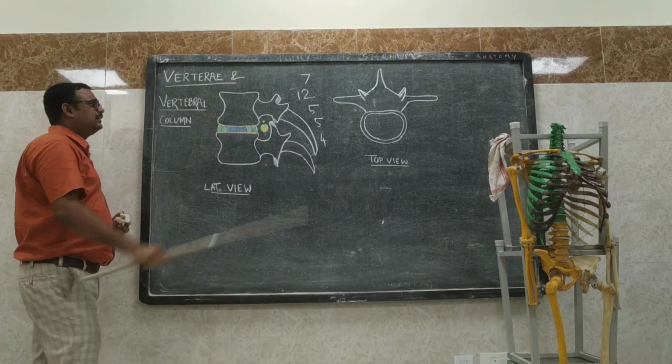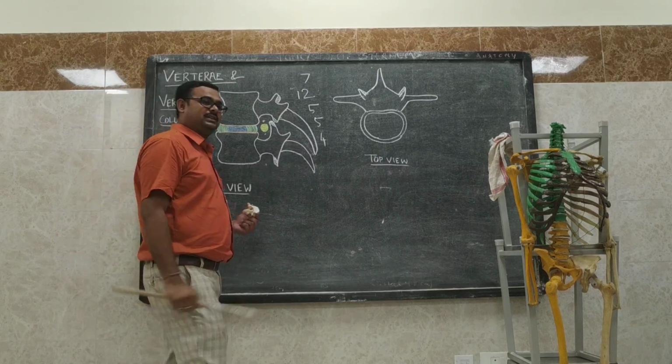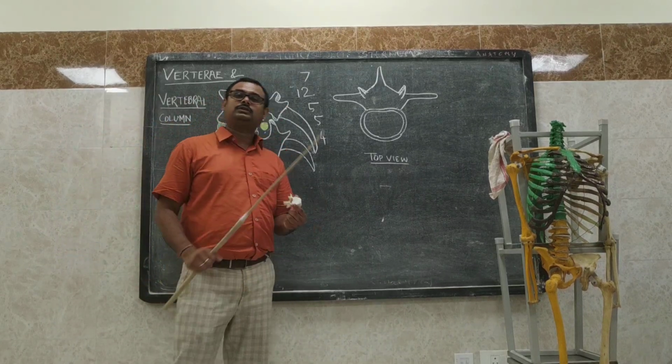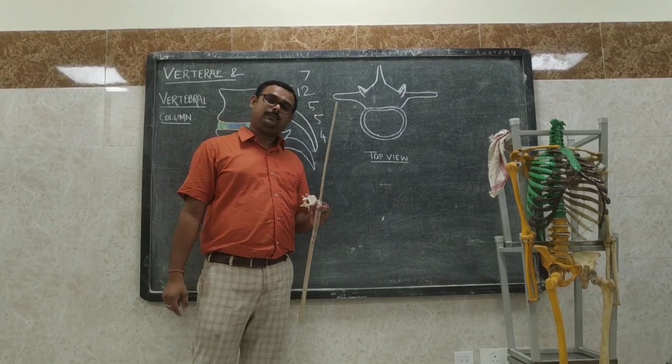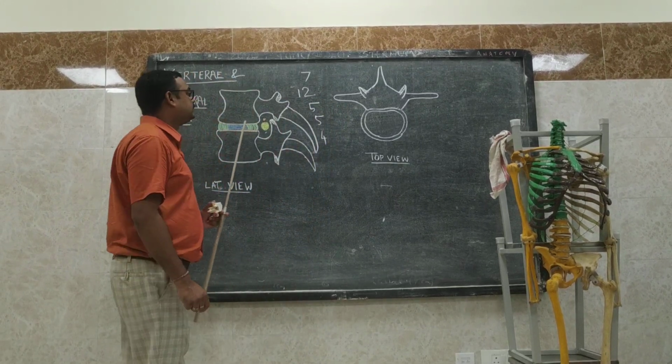So these are the numbers of vertebrae present in our body. Sometimes the coccygeal vertebrae are 3 to 5 in number, and may differ in different individuals.